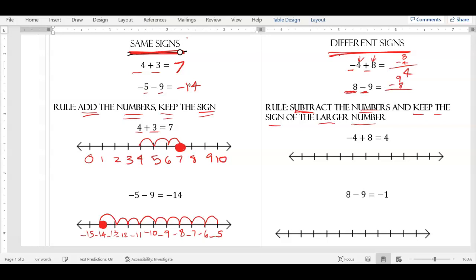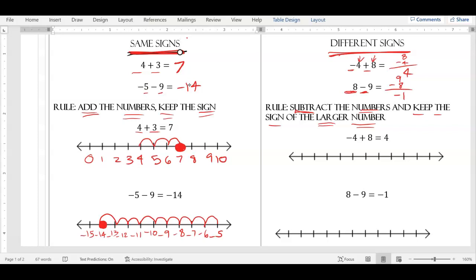Okay, 9 minus 8 gives us 1. And then we have to think, what's the larger number? And the larger number is 9. Right in front of that 9 is a negative sign. So since the bigger number is negative, the answer has to be negative when they have different signs.